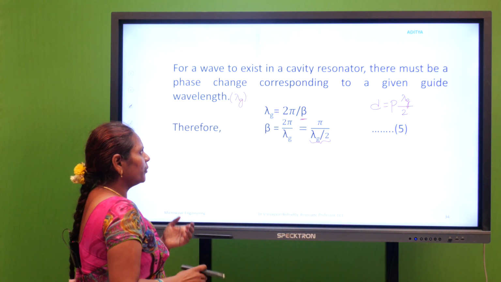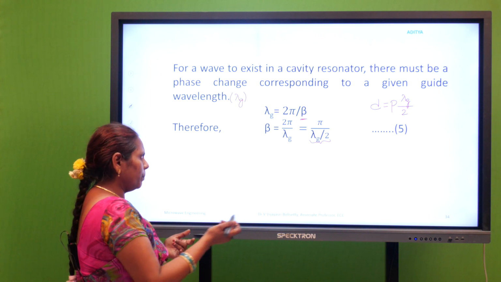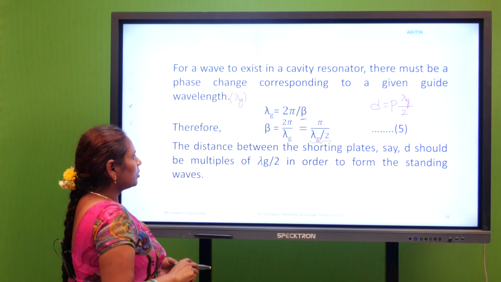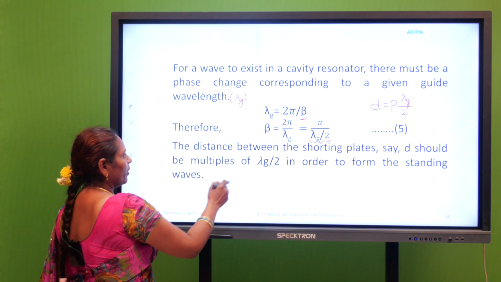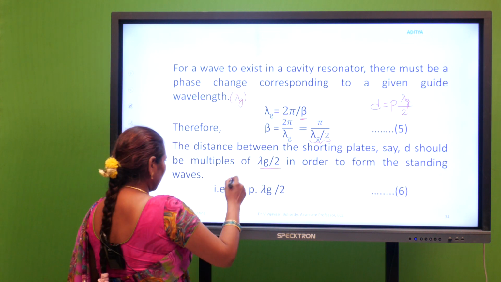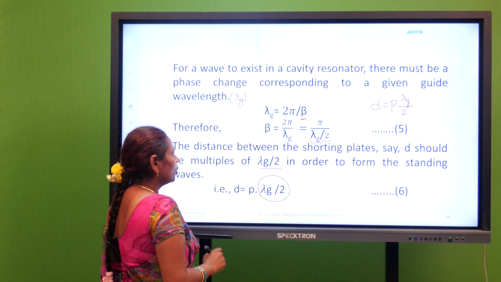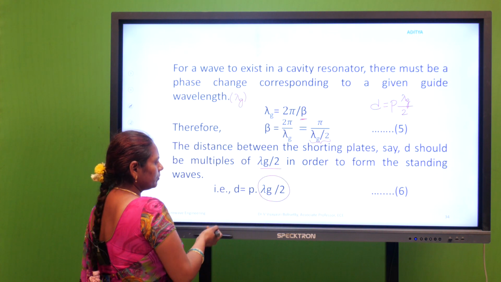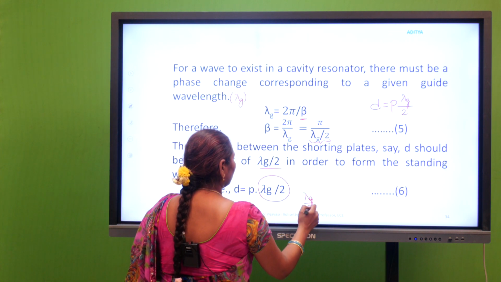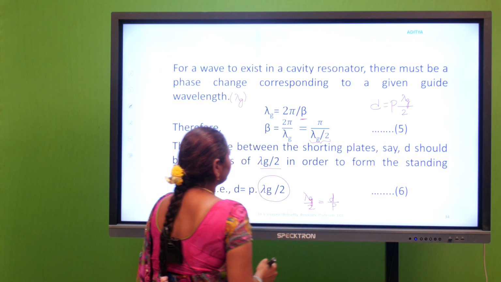So, we can get the relation between d and p from this lambda g by 2. The distance between the shorting plates should be the multiples of lambda g by 2. So, d is equal to p lambda g by 2, and from this lambda g by 2 is equal to d by p.